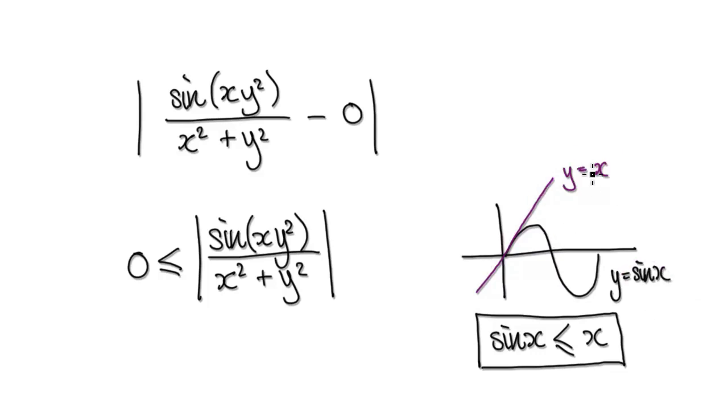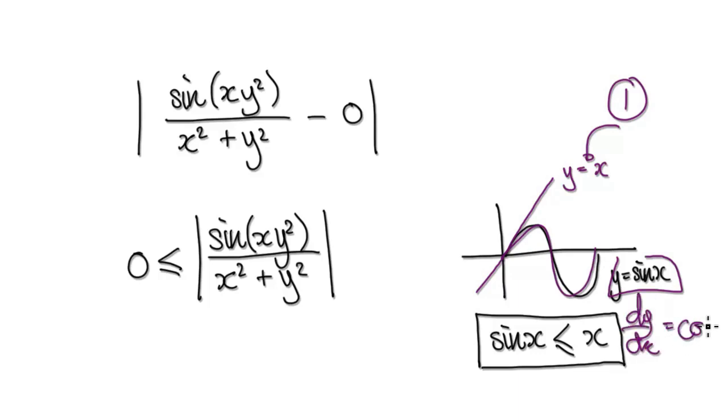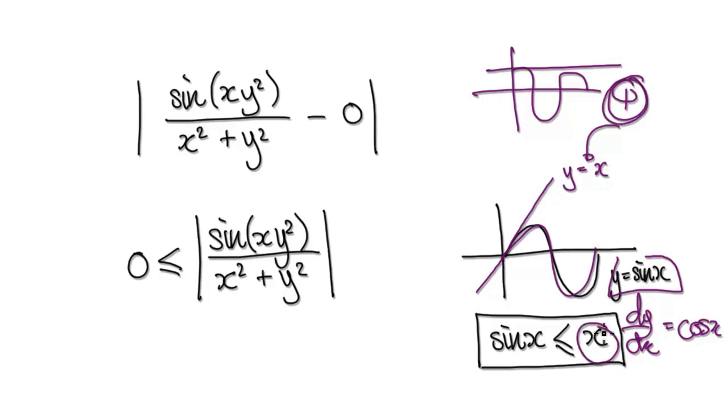And the reason you can tell is if you look at the gradient of this, it is always 1. If you look at the gradient of this graph, well, dy by dx equals cos of x, and cos of x is always less than or equal to 1. So you know that this thing here will always be greater or equal to sine of x.